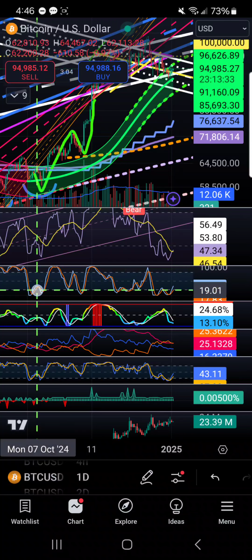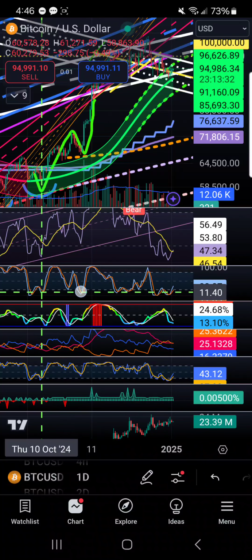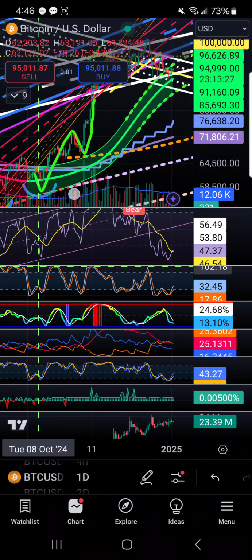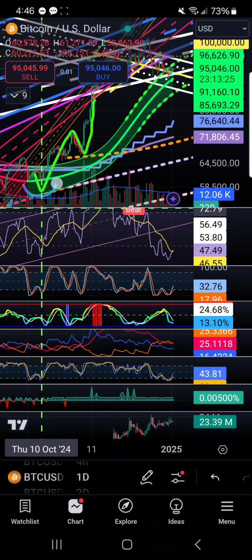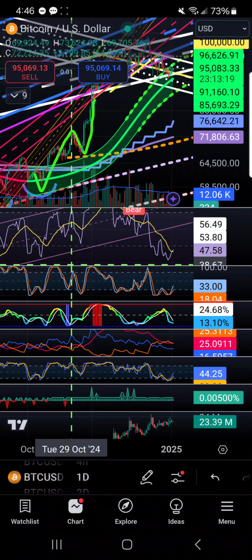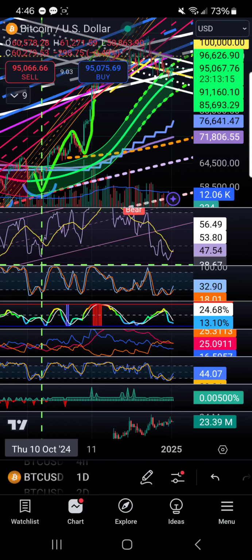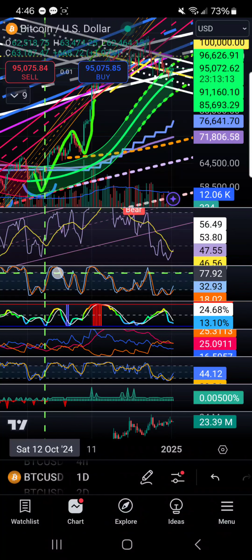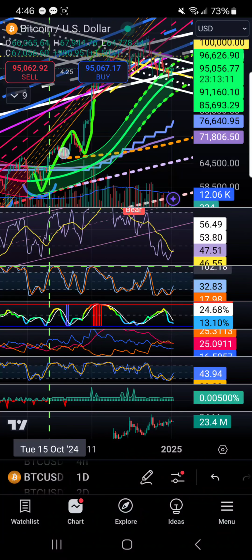So here we've had a similar formation, and we're right here at this point in that. And actually, we were in the Gaussian channel as well at that point. Stochastic RSI was down here, heading upwards. We're in the same position as we were here in October, and we saw this rally upwards.